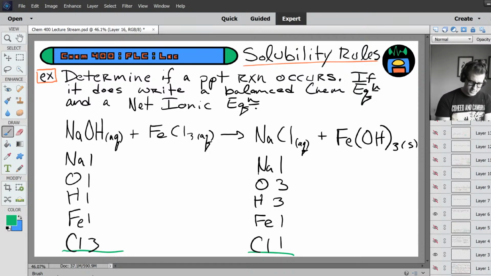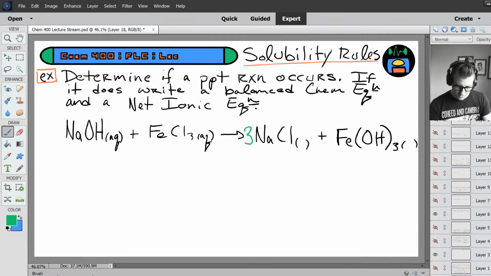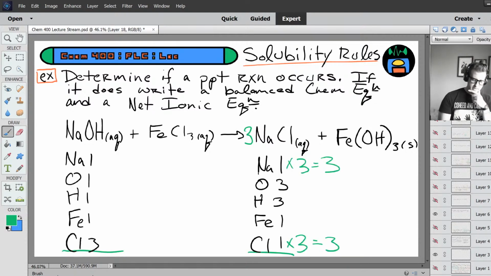So we're going to multiply sodium chloride by 3. This will balance chlorine and change our sodium count. Sodium will now have 3. And so now we need to come back. I didn't make a mistake. Sodium, you'll notice, we now have 3 on our product side, but only 1 on our reactant side.